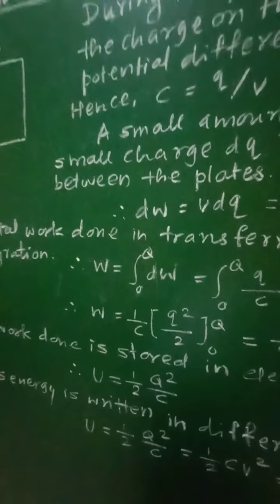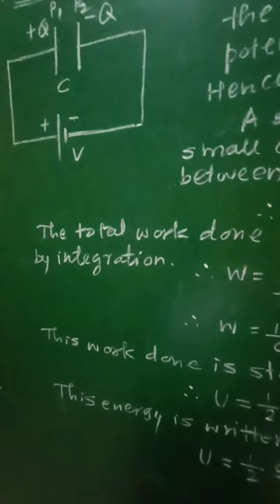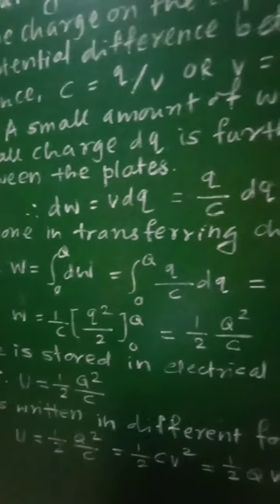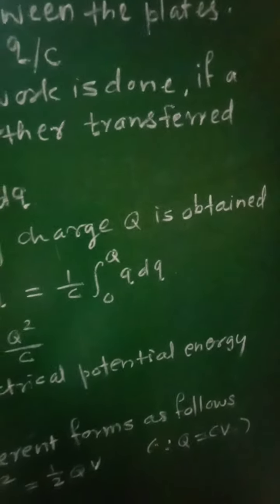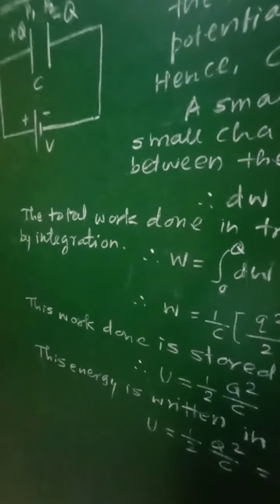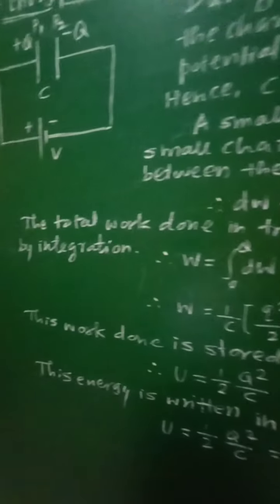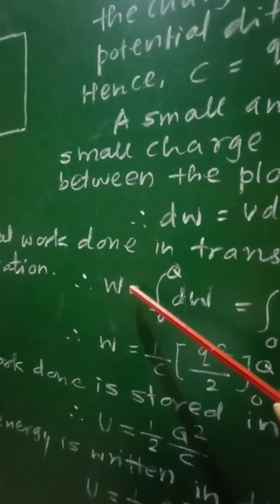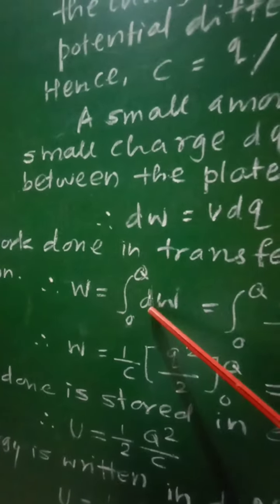Now we have to charge that capacitor with capital Q number of charges, and therefore the total work done in transferring the charge Q, that is in order to charge that capacitor fully, the total work done in transferring that charge Q is obtained by integration, and therefore W, that is the total work done, is equal to integration from 0 to Q of dw.